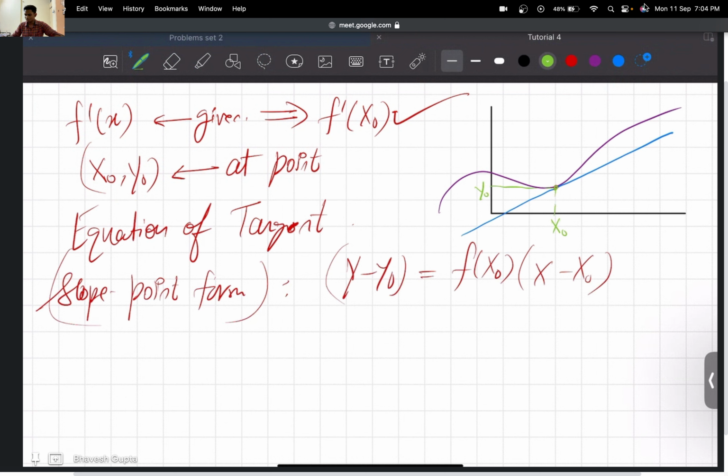So the coordinate is x naught comma y naught, and you know the function. They are just basically trying to find the equation of the line. So this is the procedure. That's the idea.